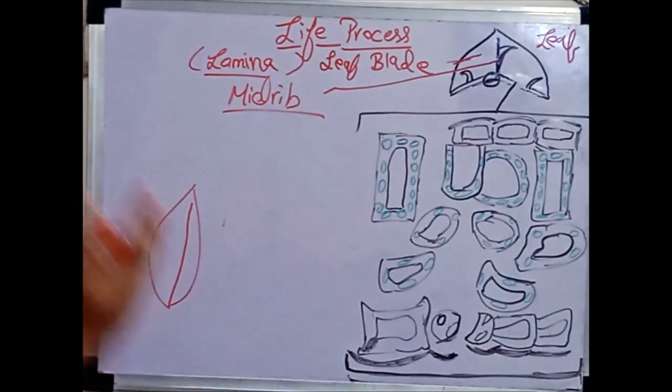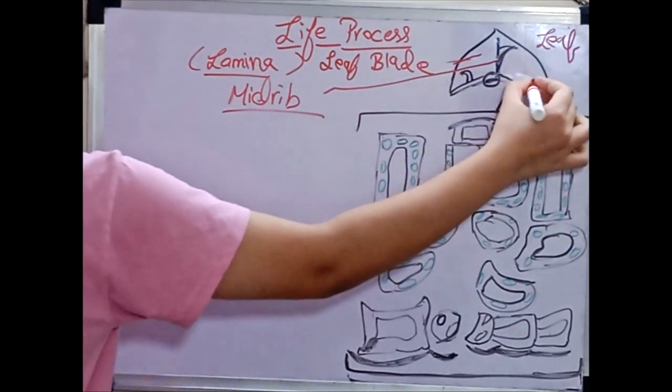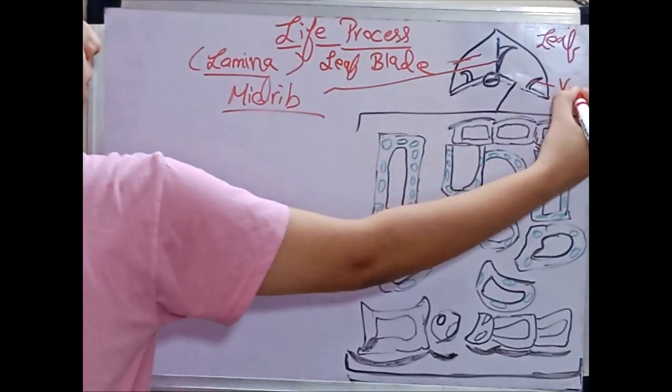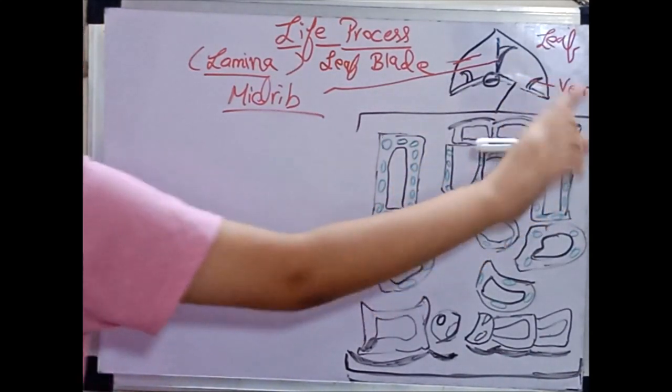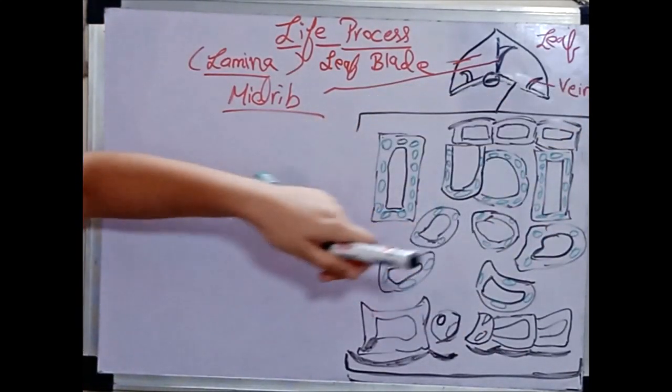Mid means middle, rib, that is a support system here, right? Midrib. Then comes these two kinds of structure that are not looking very nice, but the name of both is vein. I'm writing the plural form, the singular form is vein.